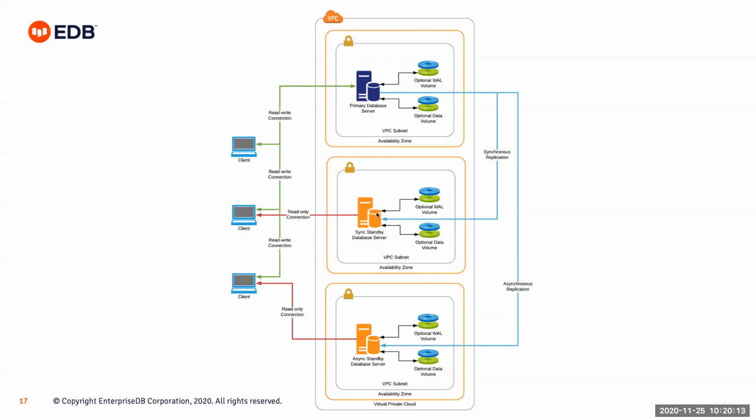Again, in this case, all read and write goes to the primary database server. And again, you can use the standbys for taking the load from read-only transactions. Again, here, running very large read-only transactions on the synchronous standby will of course slow it down.